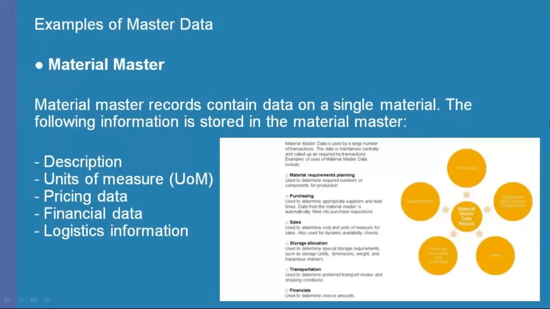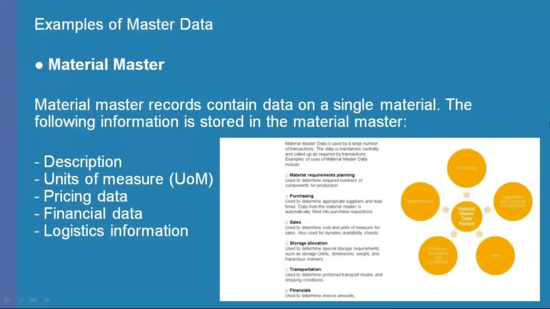Compared to customer, supplier and finance, material master records are always quite high in volume. If you ask what kind of volume we can expect, it could be 2 million, 3 million based on the size of the business, or sometimes less than that.